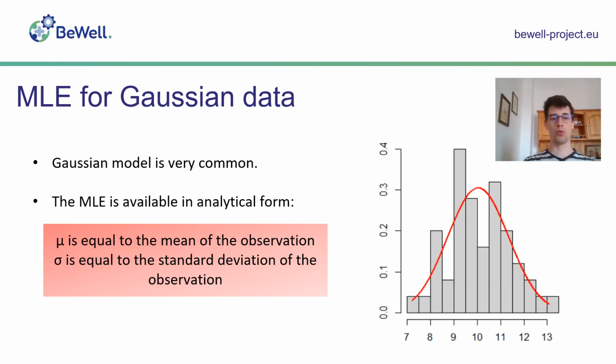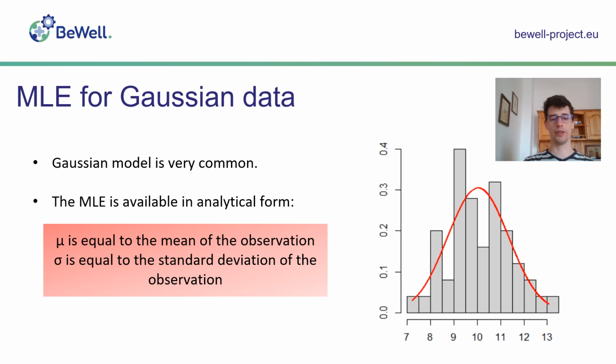The previous problem can easily be solved in the case of the Gaussian model. Indeed, it is easy to prove that the maximum likelihood estimator for mu is simply equal to the mean of the observations, while sigma is equal to the standard deviation of the observations.